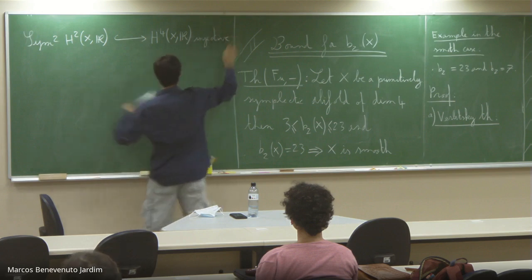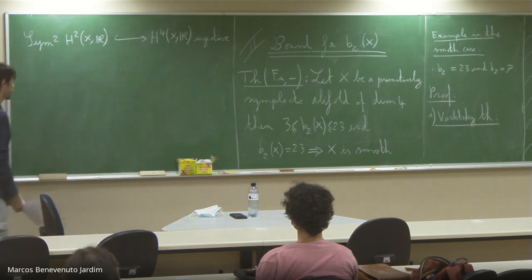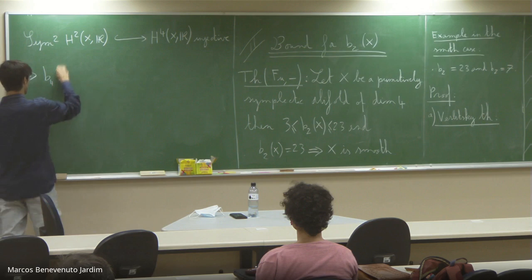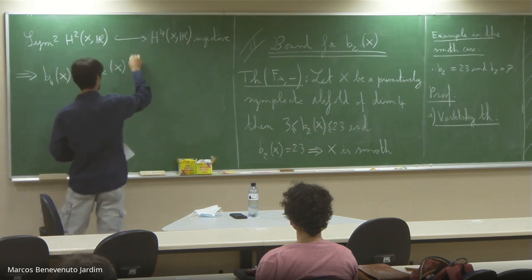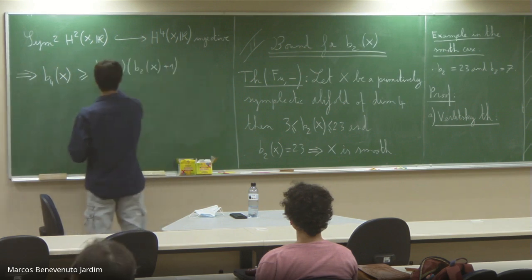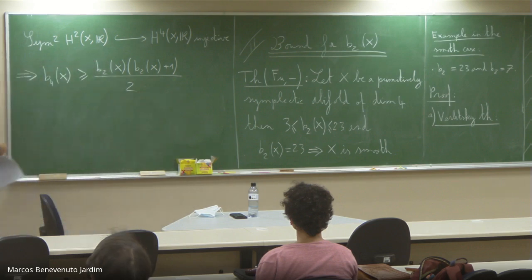So there is a natural map obtained by the cup product of intersection, and this is injective. This is the Verbitsky theorem. A first consequence is that B4 of X is bigger or equal to B2 of X times B2 of X plus 1, over 2.